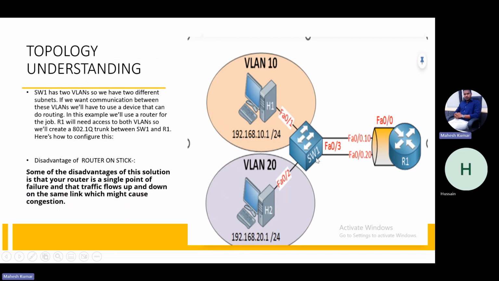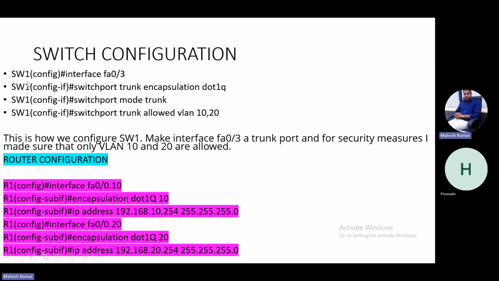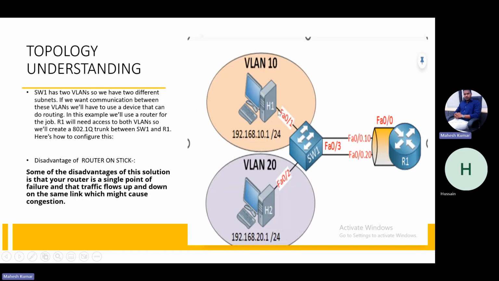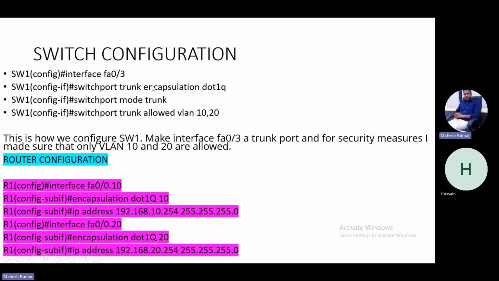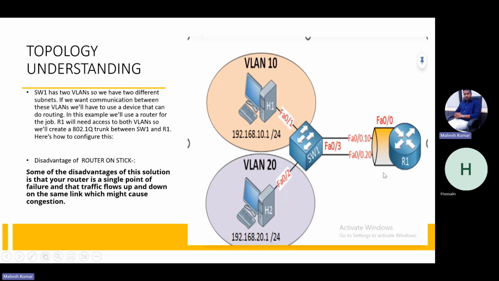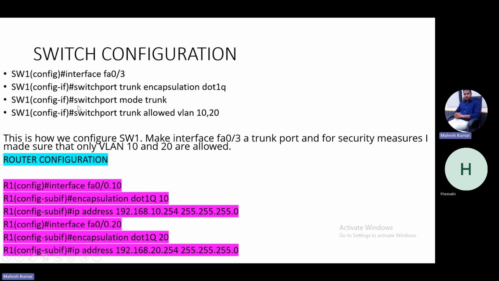In the switch, what configuration do you need to do? In the router, what configuration do you need to do? First, in the switch, interface 0/3, which is connected to the router. Switchport trunk encapsulation dot1q tells the interface that it is in trunk mode.